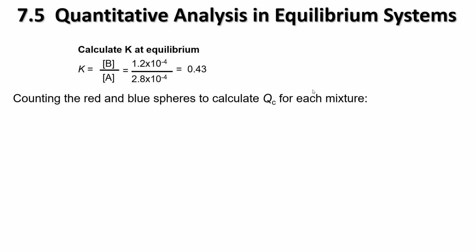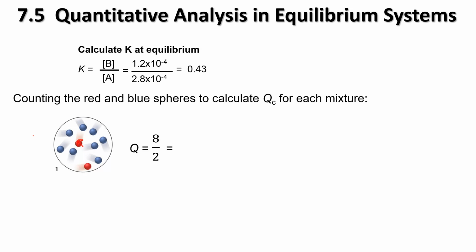So for us to be able to calculate Q, we're simply going to have to count the red and blue spheres. The way this one is set up, it's products over reactants. The blue are the products, and the red are the reactants. So the red's going to go on the bottom the whole time, blue's going to go on the top. To calculate Q for the first one, you count 8 blues, you got 2 reds.